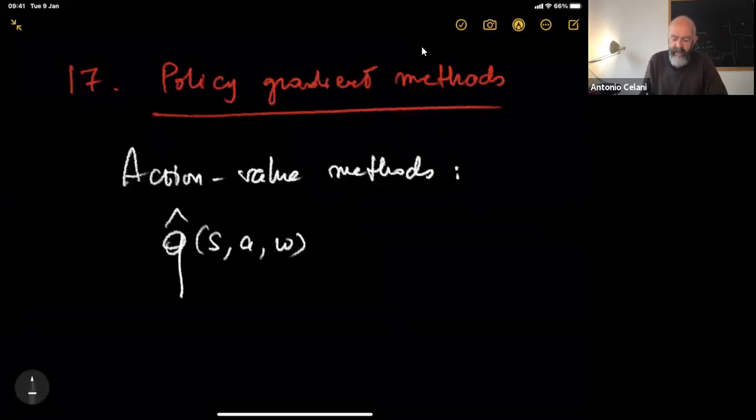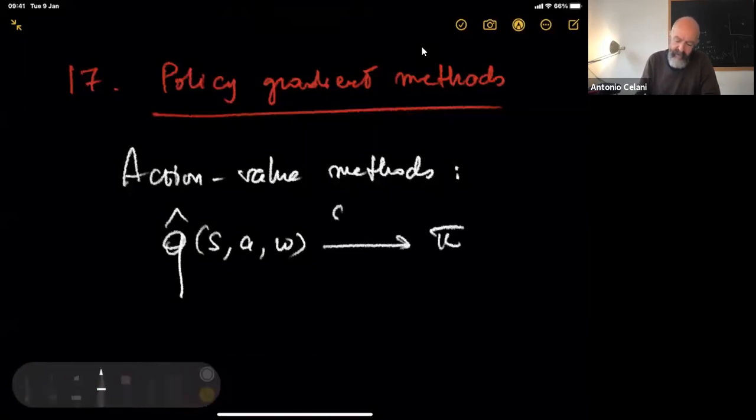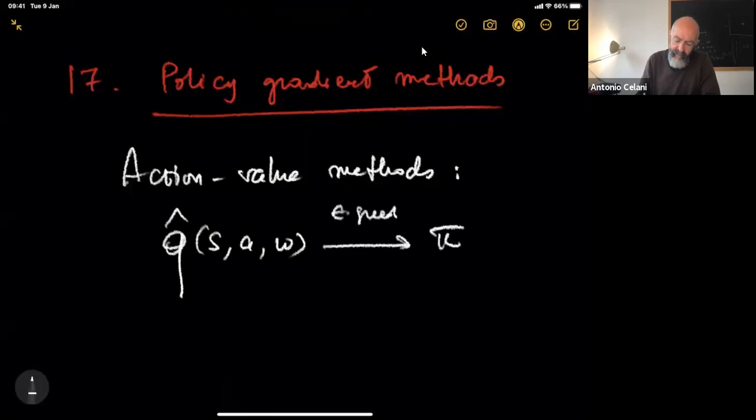And from that, you derive a policy through epsilon greedy. Just to fix the ideas, through epsilon greedy we derive some policy, which of course implicitly depends on the parameters of your approximation.